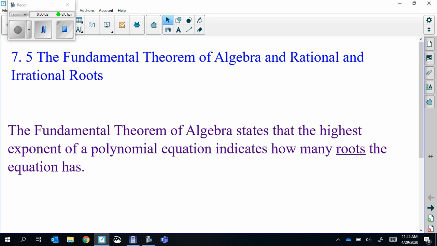Hey guys, in this video we're going to look at the fundamental theorem of algebra. In our last notes we talked about it a little bit, how we're going to be finding all the roots. The highest exponent in the polynomial, which is the degree of the polynomial, tells you how many roots the equation has. So if it's an x to the fifth, a fifth degree, it will have 5 roots.